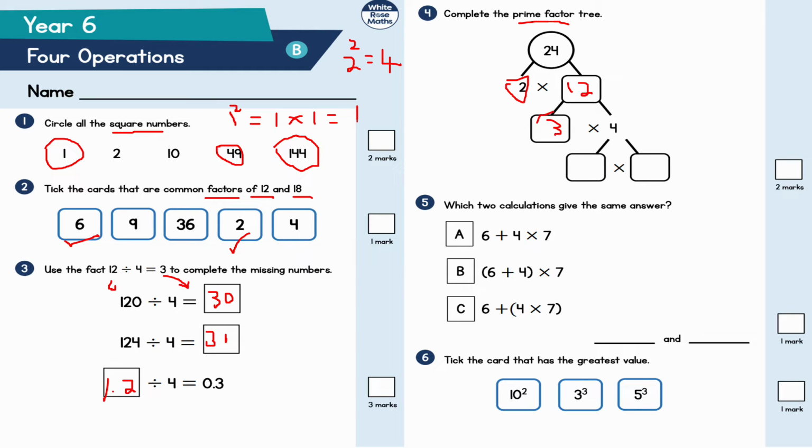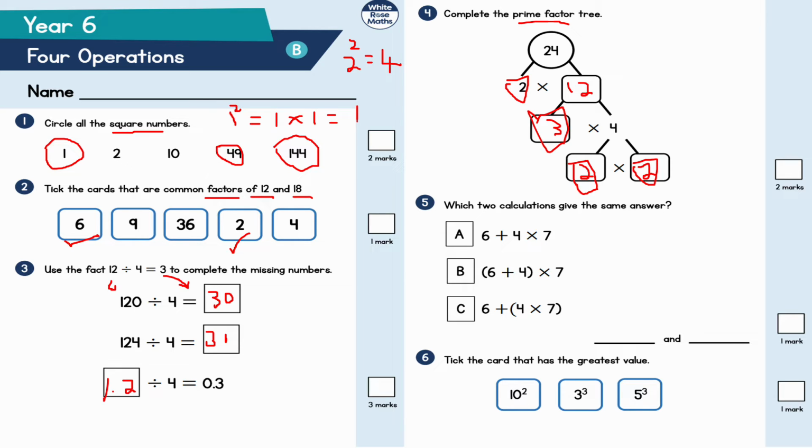I can lock off the 3 because that is a prime number. Remember, a prime number has 2 factors, 1 and itself. 4 decomposes to 2 and 2. And I can lock off 2 and 2 because 2 is the only even prime number. The rest of the even numbers can be divided by 2, so they're not prime. And 1 is not a prime number, guys.